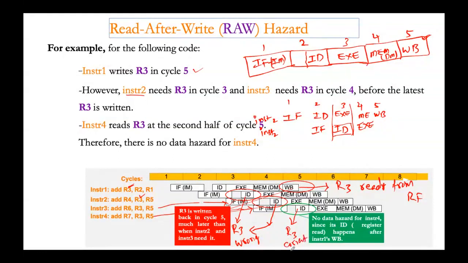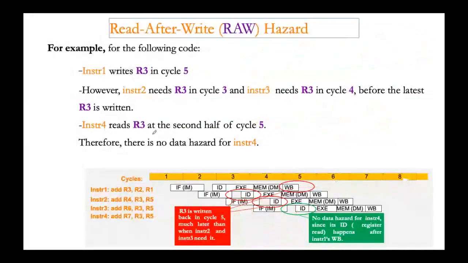So the read after write data hazard happens with instruction 2 and instruction 3, but not for instruction 4. As said, instruction 4 reads R3 at the second half of cycle 5. Therefore, there is no data hazard for instruction 4.